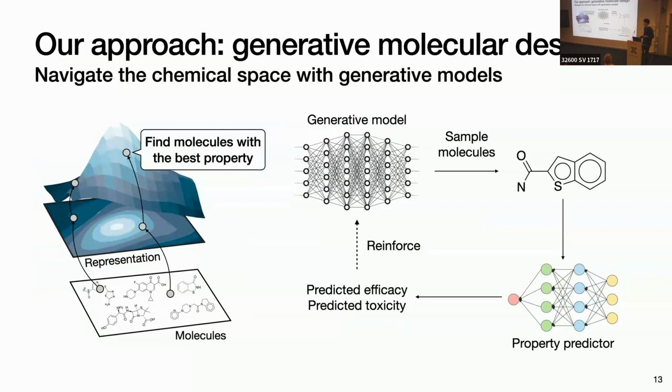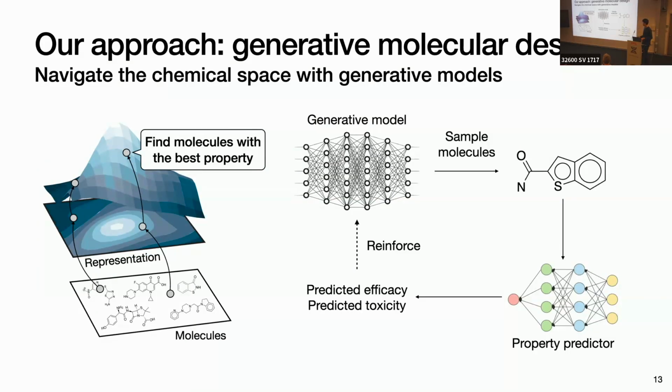Basically, we try to map all the molecules in the chemical space onto this property landscape, and then you can search in this structure-activity function and try to find the molecule with the best property, right?